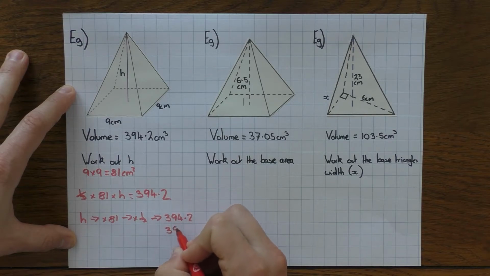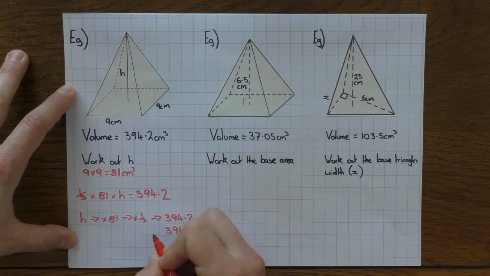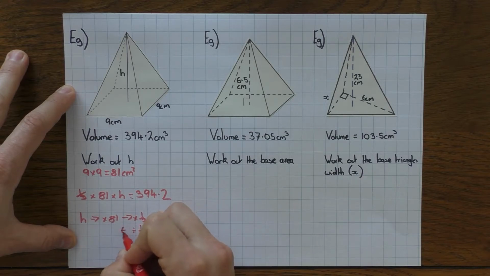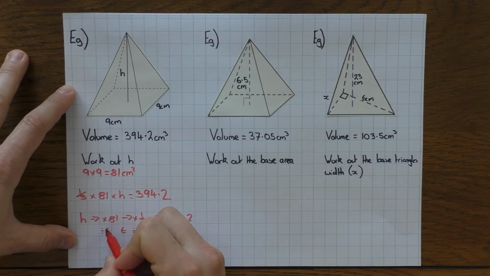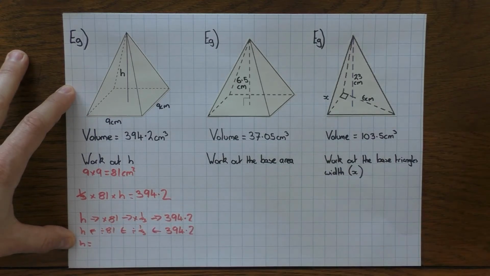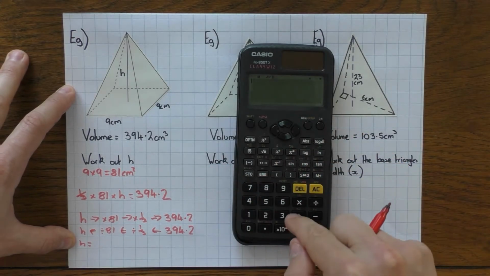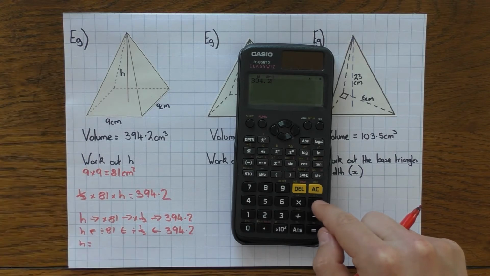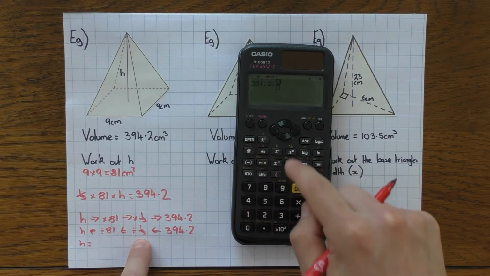And then all you do, remember with the old flowchart, is we go backwards and we do the opposite. So instead of timesing by a third, I'm going to divide by a third. Instead of timesing by 81, I'm going to divide by 81. And then I'm going to get back to the height. So again, get the old calculator out. So 394.2. I'm going to divide that by 1/3.